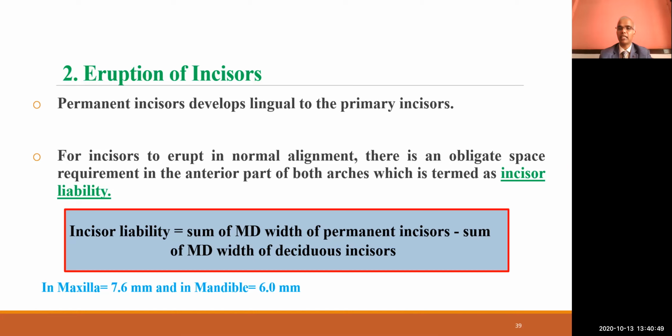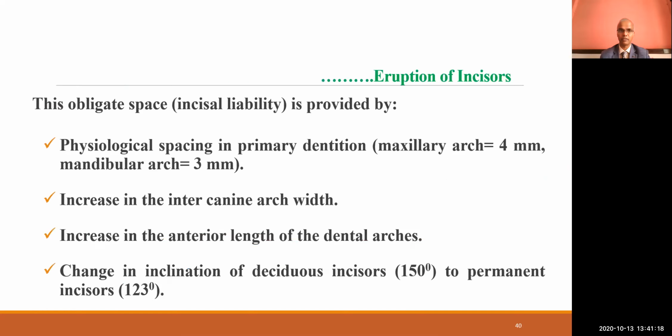Because the mesiodistal width of the erupting permanent incisors is more as compared to the deciduous incisors, there requires a space for the normal alignment of erupting permanent incisors. So the incisor liability is the difference of the sum of mesiodistal width of permanent incisors minus the sum of mesiodistal width of the deciduous incisors. In maxilla, it is generally 7.6 millimeter, and in mandible 6 millimeter.